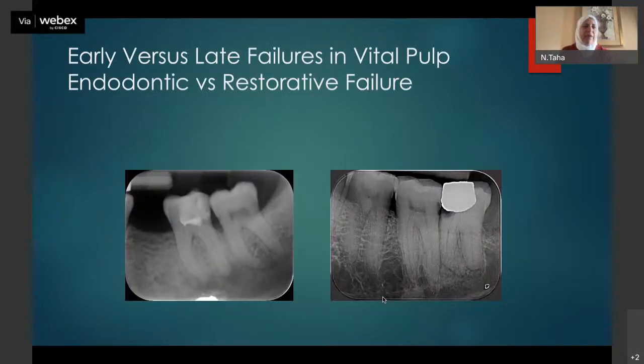In pulpotomy and vital pulp therapy, we get early versus late failures. Usually, early failures are related to endodontic causes, while late failures are actually restorative failures. This is an example of an early endodontic failure. This patient received full pulpotomy.